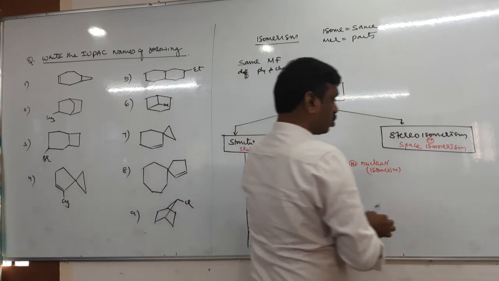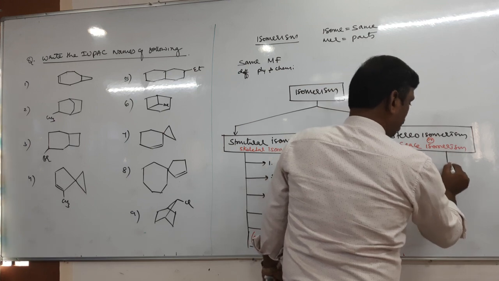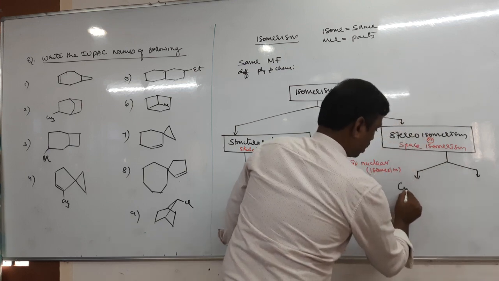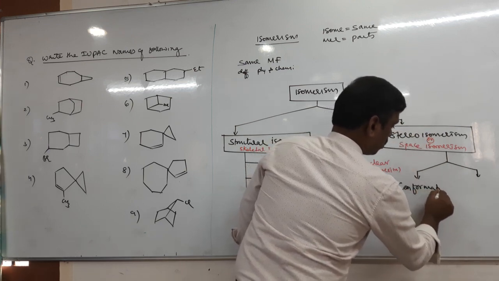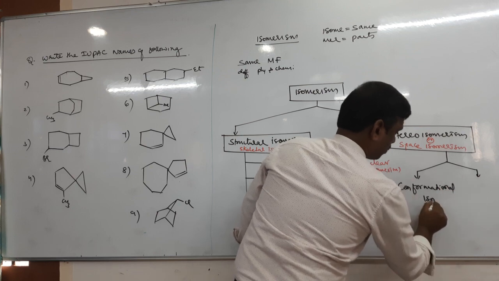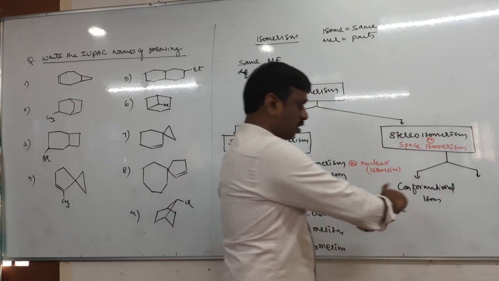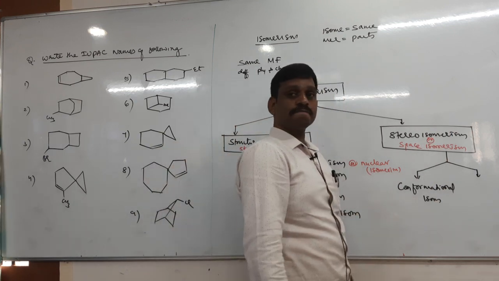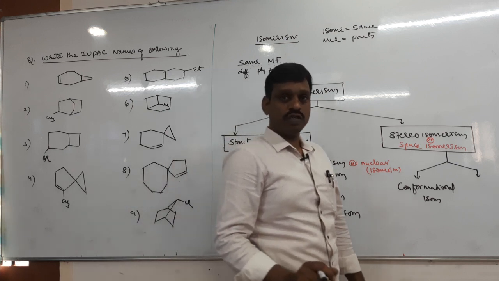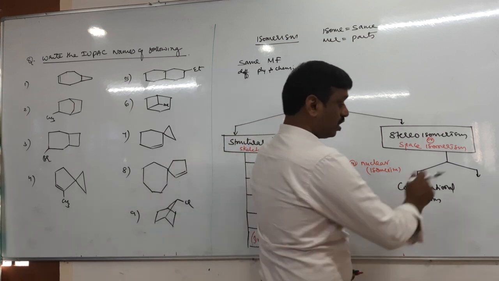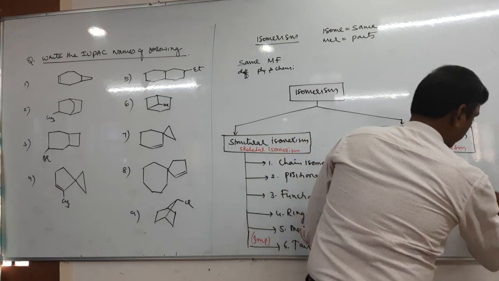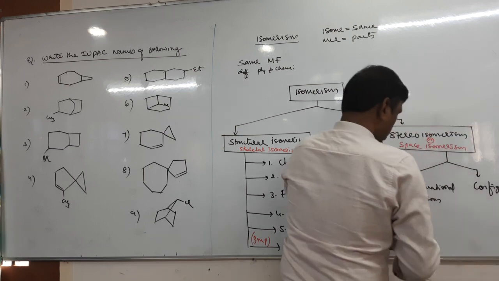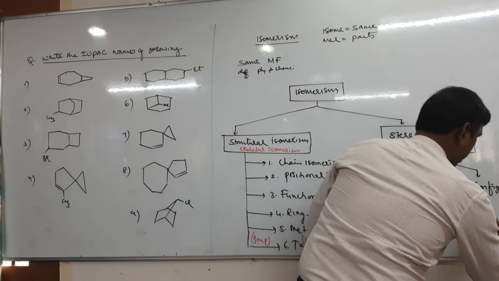Okay, then next is stereoisomerism. Stereoisomerism is further classified into two types. One is conformational isomerism. We will study conformational isomerism in the alkane topic. Do you remember eclipsed conformation, staggered conformation, fully eclipsed, right? That is conformational. Next is configurational isomerism. This configurational isomerism is further classified into two types.